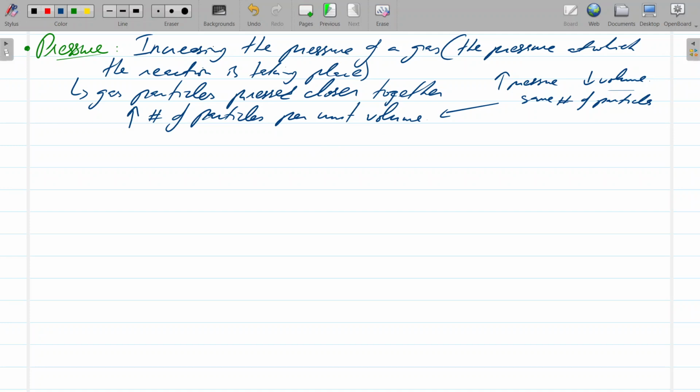What that's going to do is give you more frequent collisions, and that would lead to more successful collisions, hopefully, and that would increase the rate of reaction.